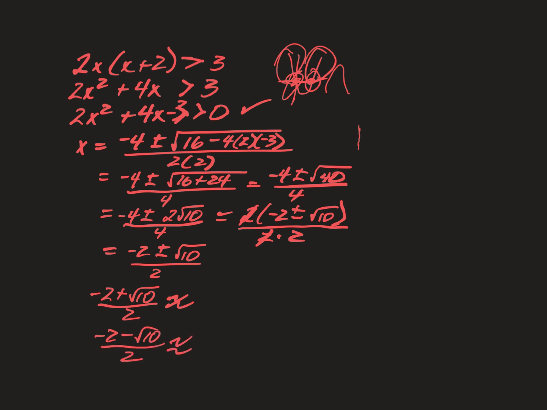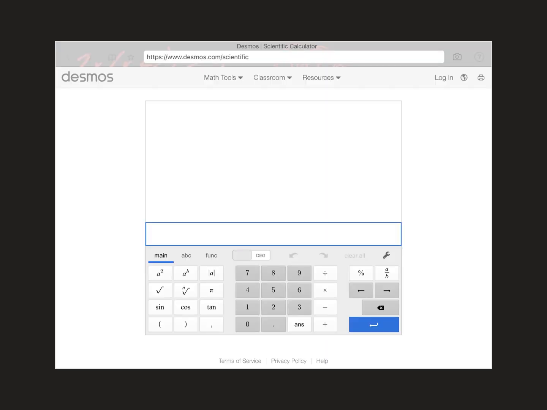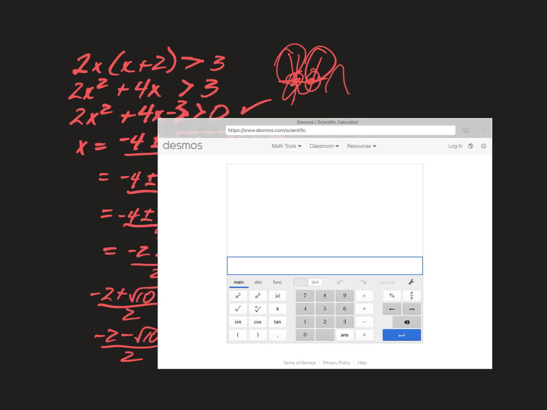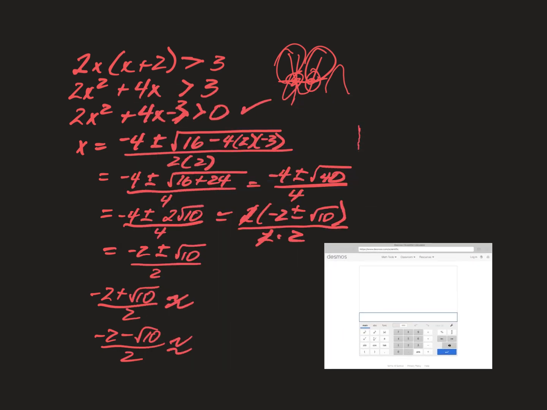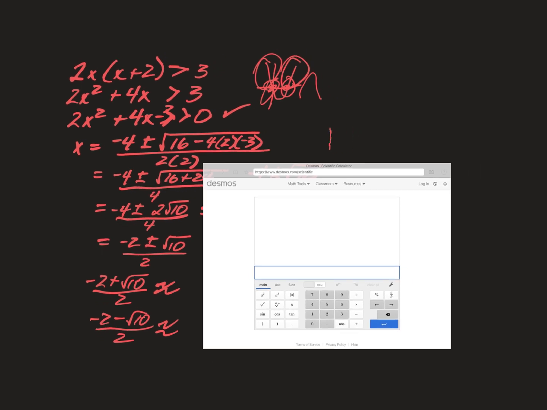In order to do that, I'm going to use my Desmos scientific calculator, right here.